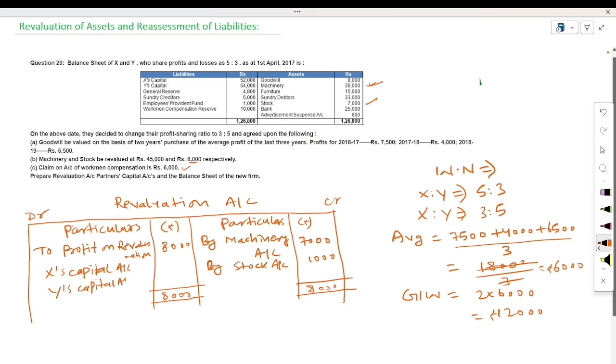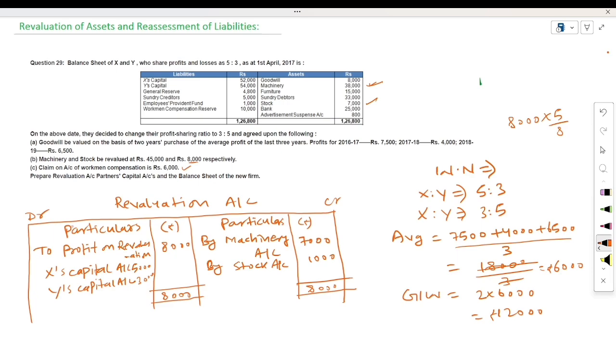In what ratio? In old ratio, remember this. So here the old ratio is how much? 5:3. This 8,000 will be 5 upon 8. It means 5,000 and 3,000. This will be their profit. So this is all about the revaluation account.